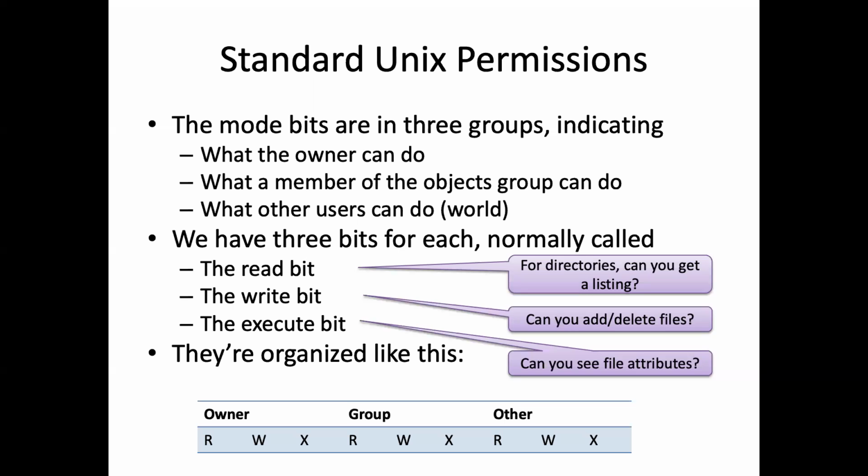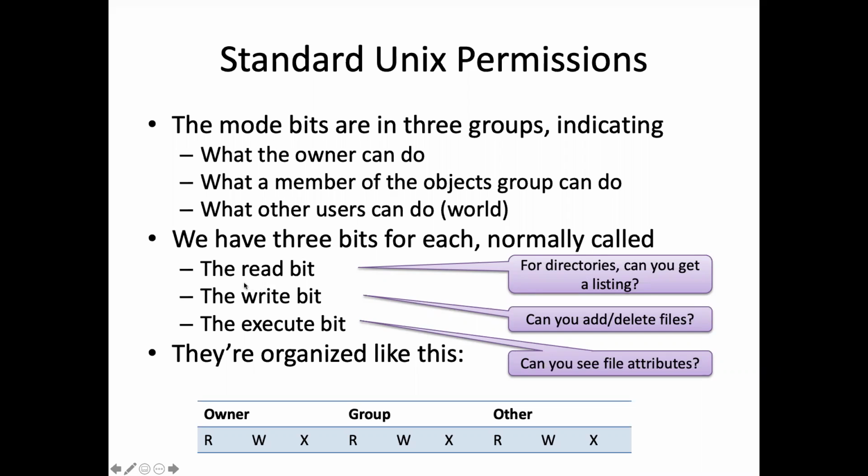And if they're not plain old files, the way these bits are interpreted depends on what objects they are. So if you have a directory, the read bit still exists. It's still associated with that directory, as we'll see a couple of lectures from now.